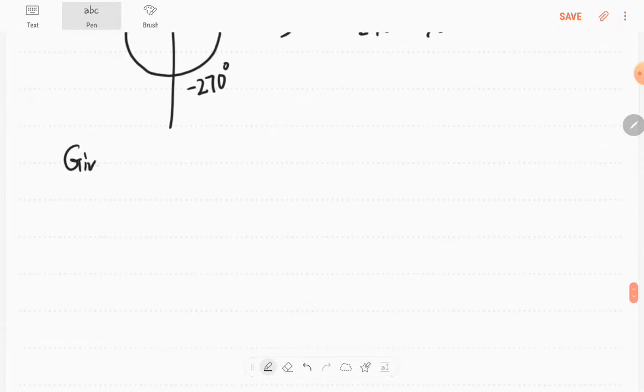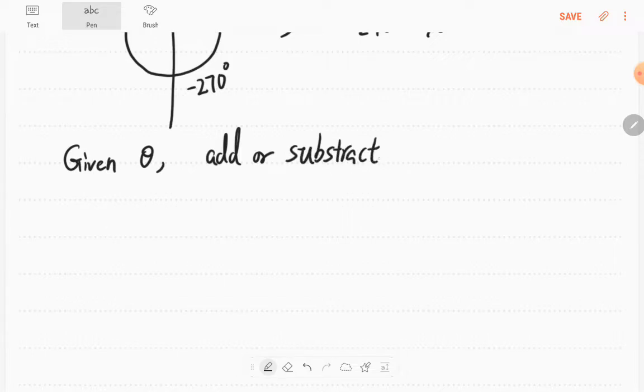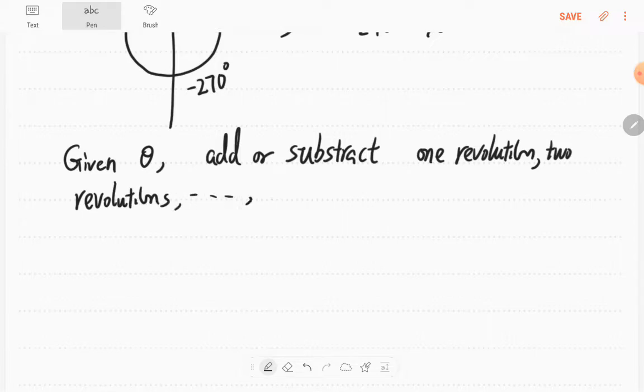If you're given theta, then we add or subtract one revolution, or 2 revolutions, or n revolutions.